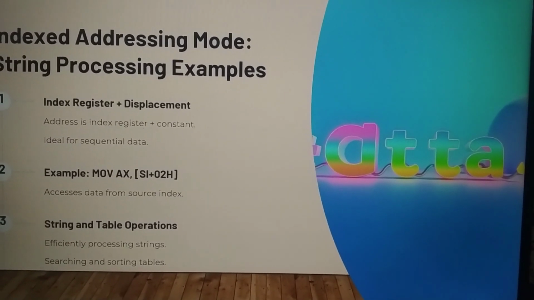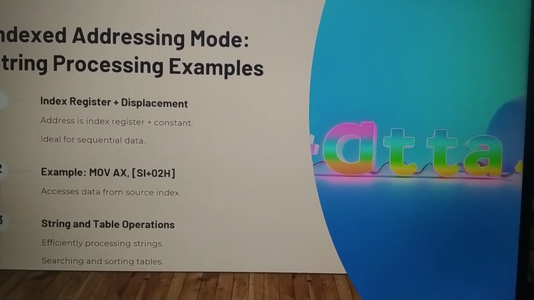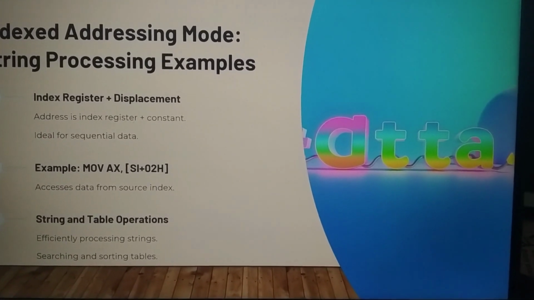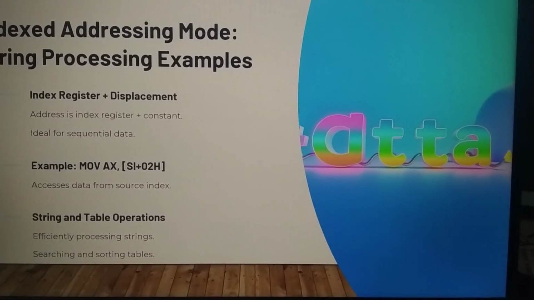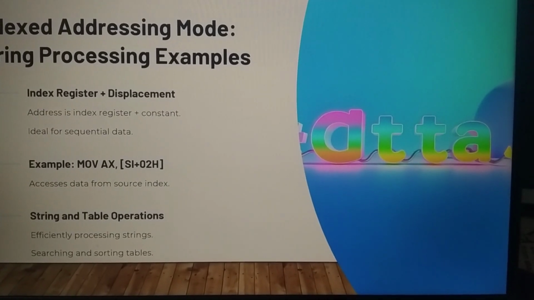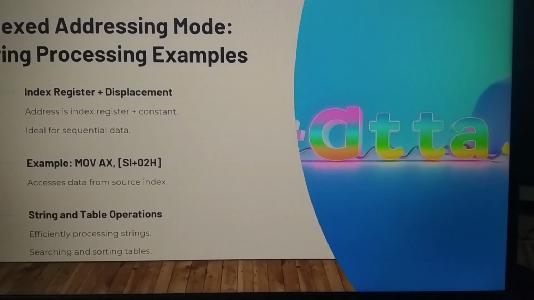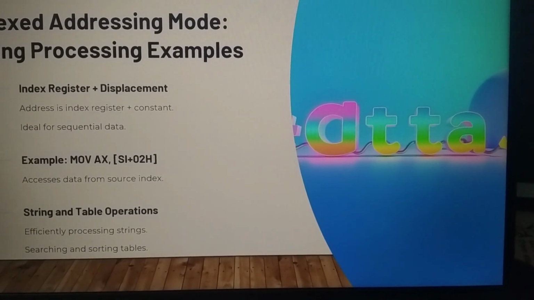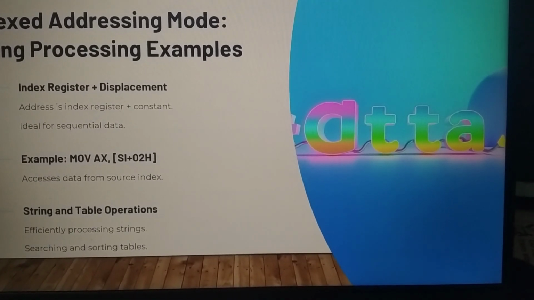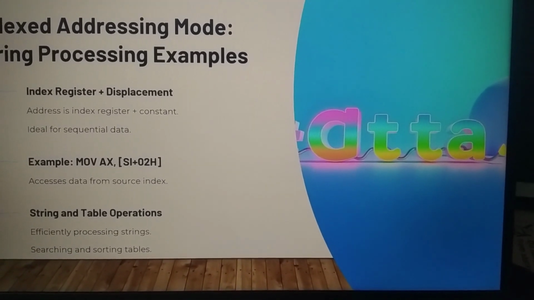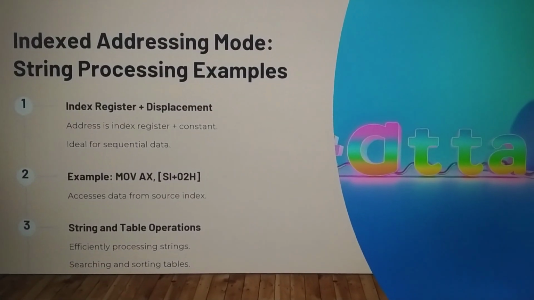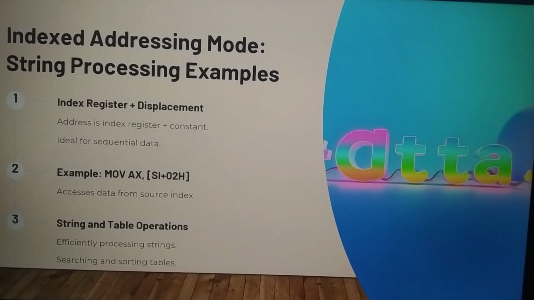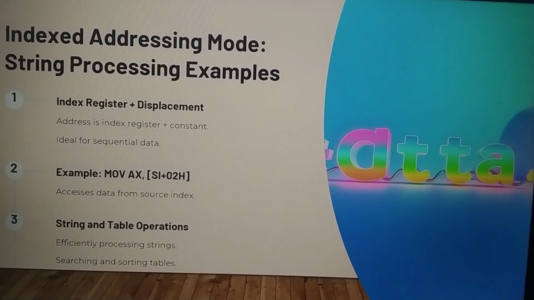For example, the instruction MOV AL, [SI + 04H] accesses the memory location whose address is the data stored in SI plus 4, effectively retrieving the fifth element of a byte array. This mode is ideal for loop-based processing, such as copying a string, searching through a table, or performing operations on a list of values.